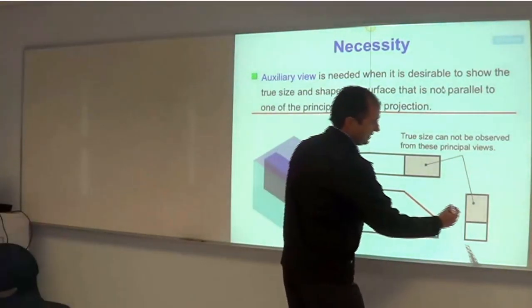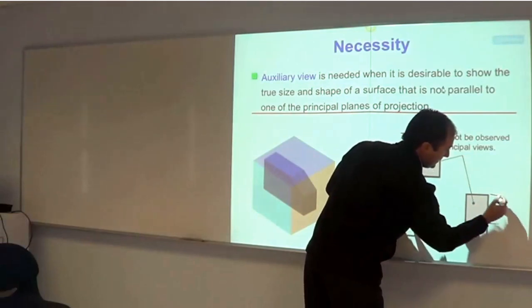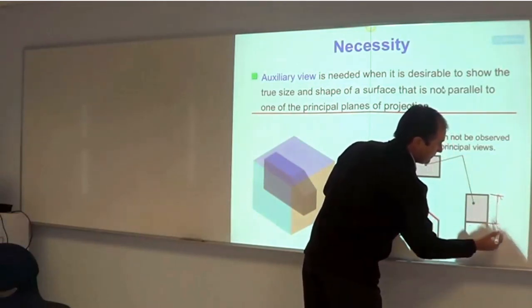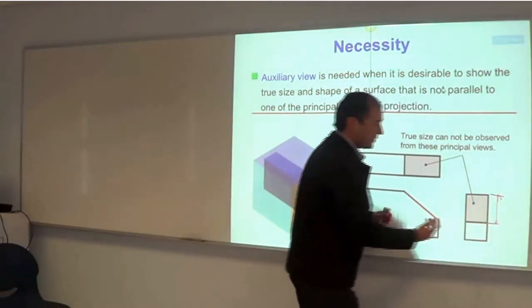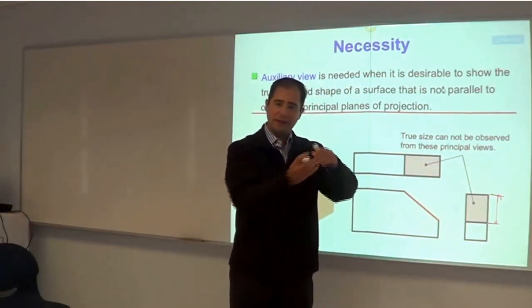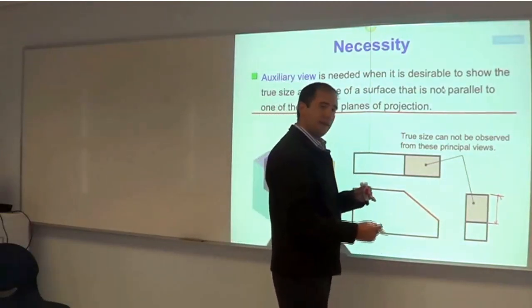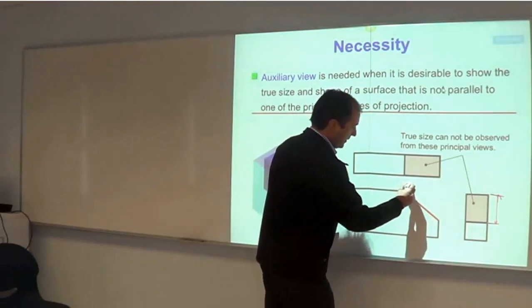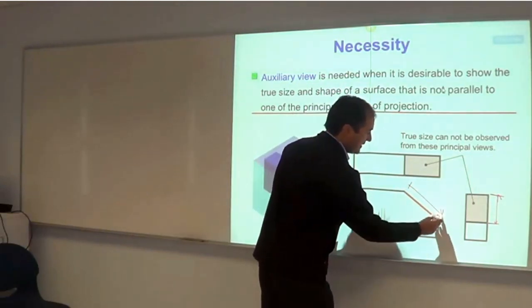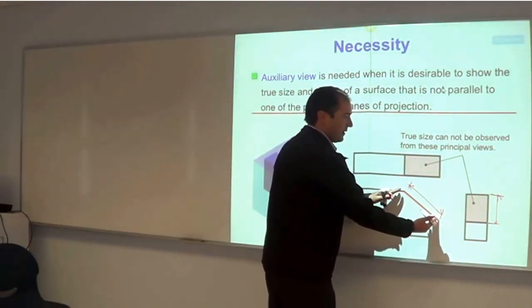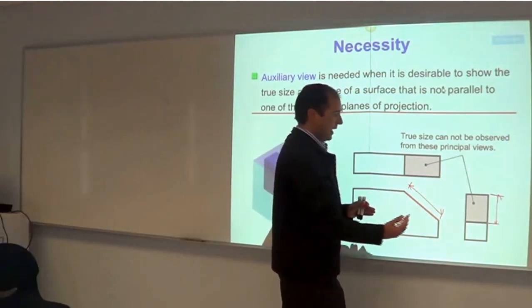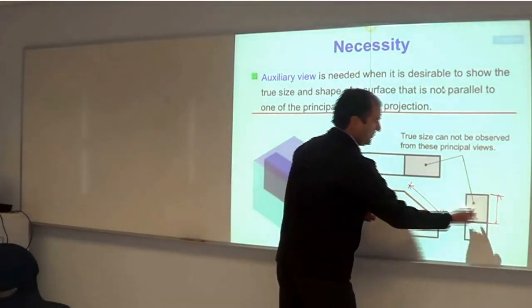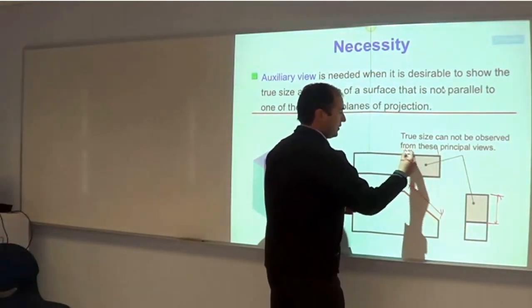what is the length, if we take this length here, it's not giving me the full length of the element. The length I'm looking for is this one. But this length is not shown either on the right view or on the top view.